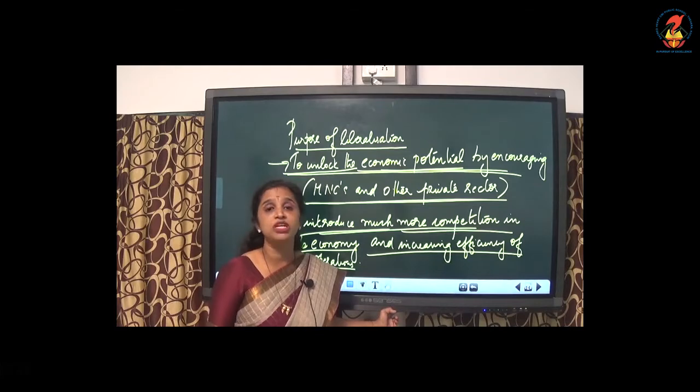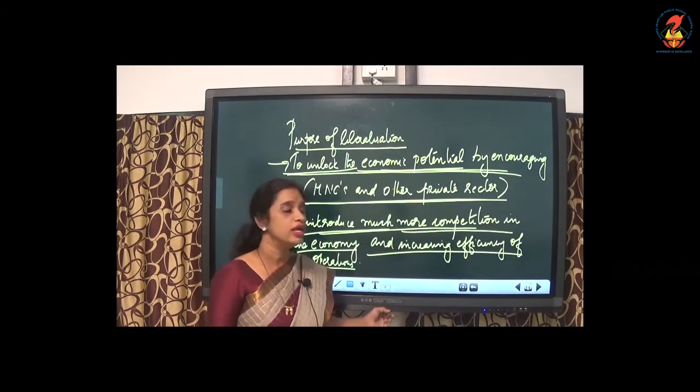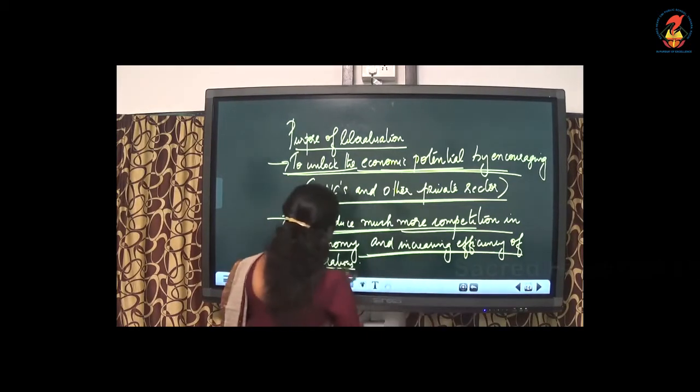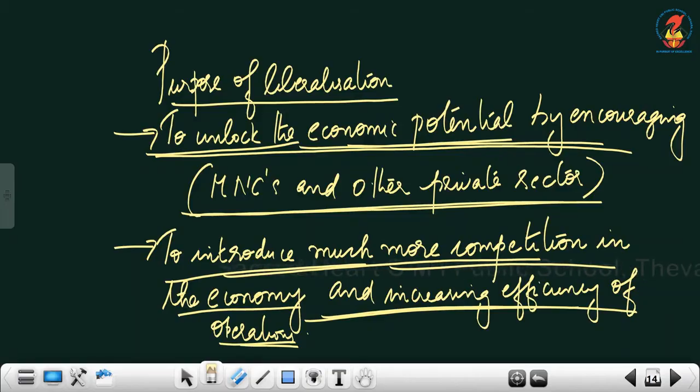So that was the next purpose of liberalization, to increase the competitiveness in the market, in the economy, and increase the efficiency of operations. What do you mean by that? If the domestic producers are facing competition from outside, they will improve the quality of their product.